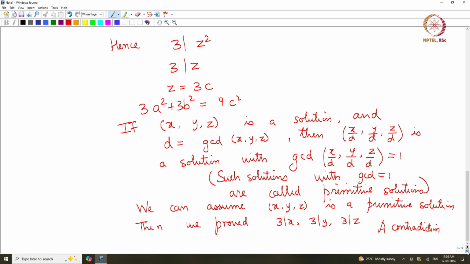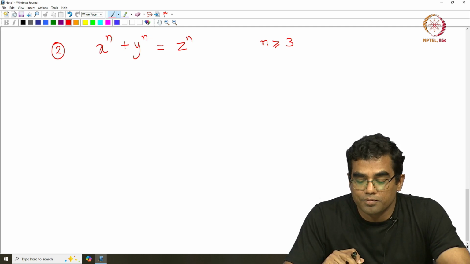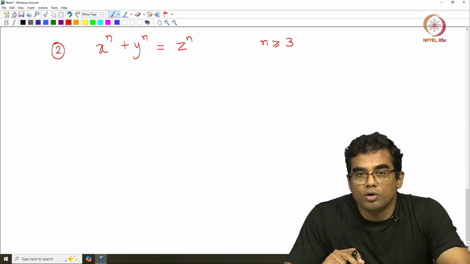Okay. So, in many cases it is easy to prove that there is no solution, but in lots of cases it is very hard to prove that there is no solution. So, here is a famous example. You take x to the n plus y to the n equals z to the n, with n bigger than or equal to 3. So, very famously Fermat conjectured, or he thought that he had a proof to show that this has no non-trivial solution.